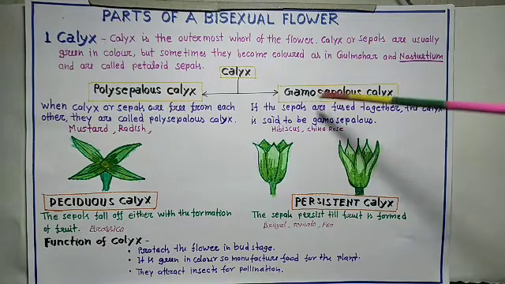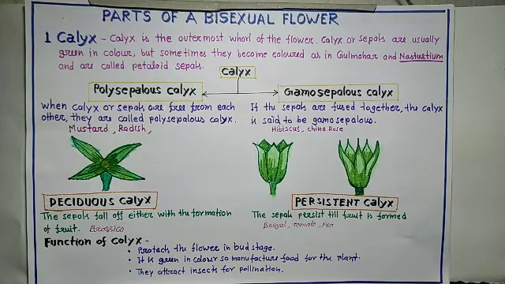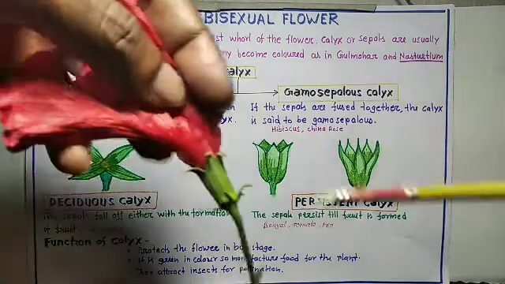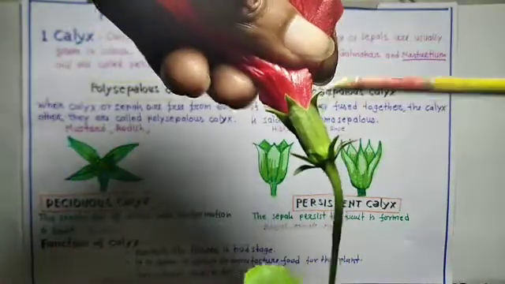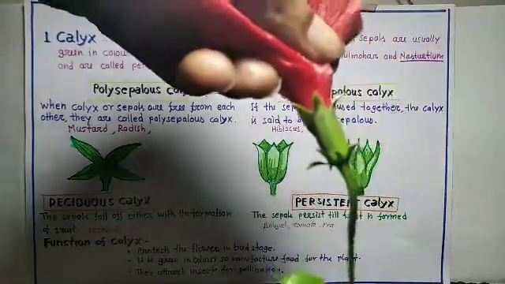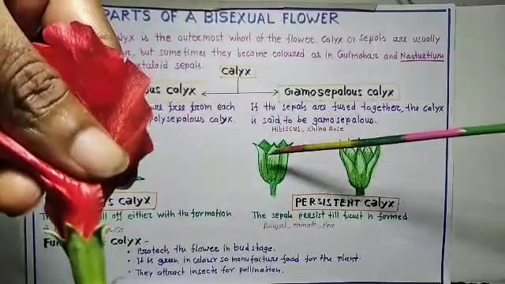Yes. Second is gamosepalous calyx. If the sepals are fused together or connected together, the calyx is said to be gamosepalous. In this type of calyx, the sepals join together or connect to each other, just like this.